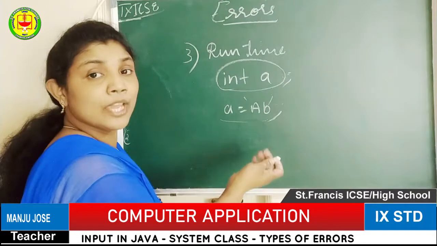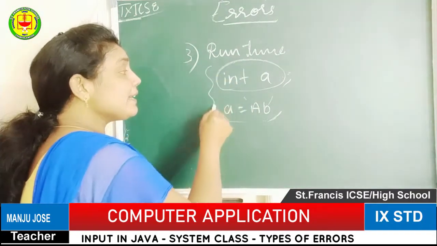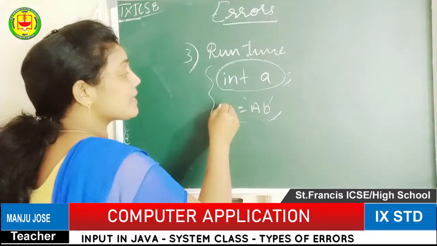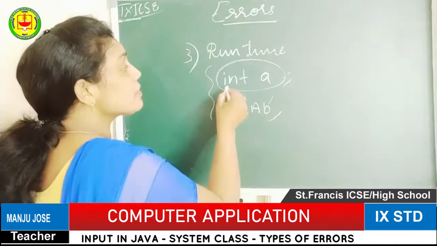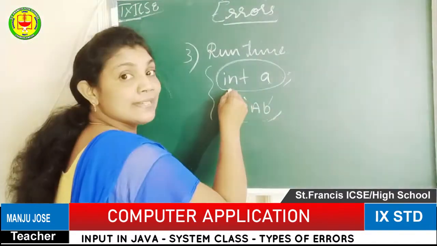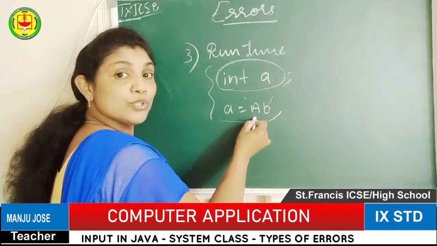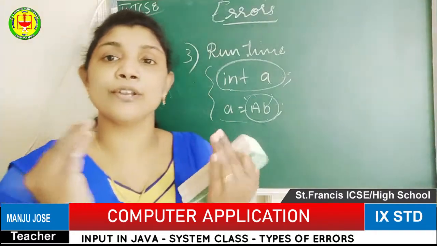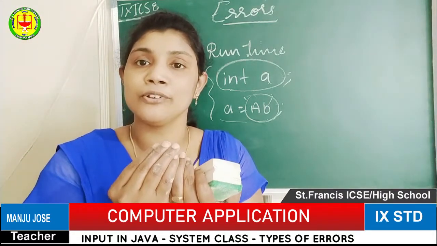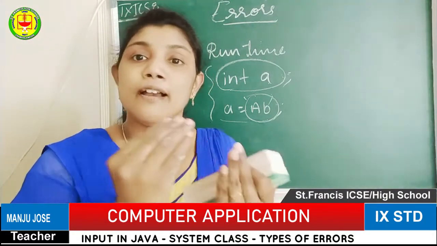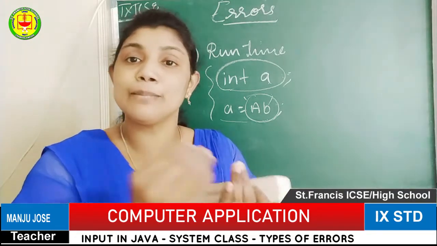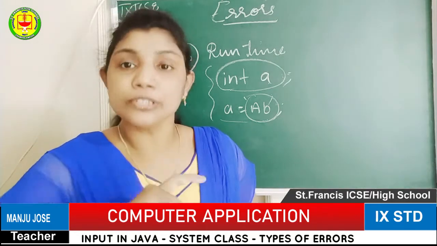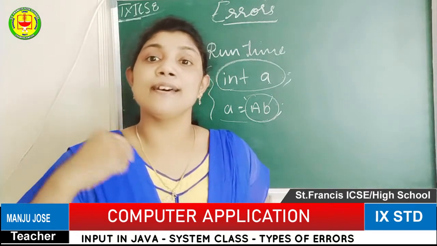But while running, when the program control finds one small mistake, that is called a data type mismatch, because the type of the variable is integer but the user is trying to store a character value. Character and integer is a mismatched option. Character to character, numeric to numeric, or decimal to decimal, only those combinations we have to use. This kind of error is known as a runtime error.